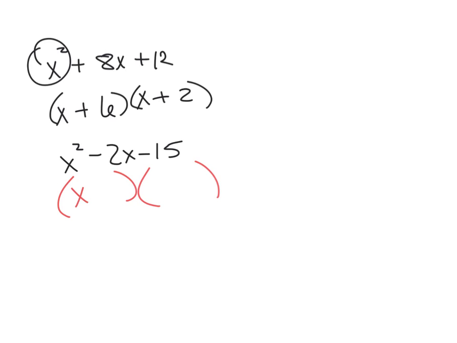Okay, square root of the x squared. Two numbers multiplied give me negative 15, added give me a negative 2. So let's just go with 5 and 3. So I'm just going to put a 5 and a 3 in there right now. And now the part is, are they positive or negative, 5 and 3? Well, one of them is going to be negative and one of them will be positive because a negative times a positive gives me a negative answer here. Two numbers multiply together give me negative 15.